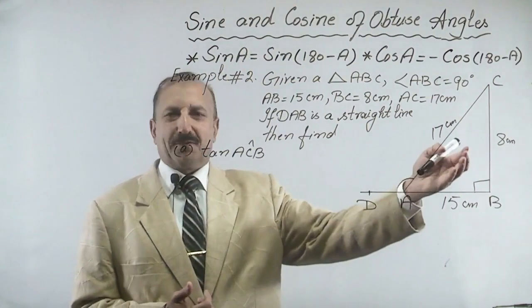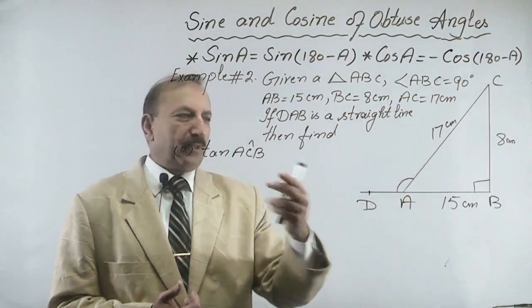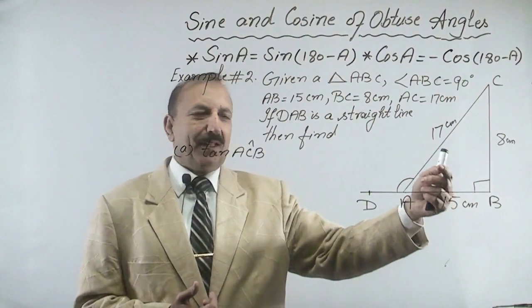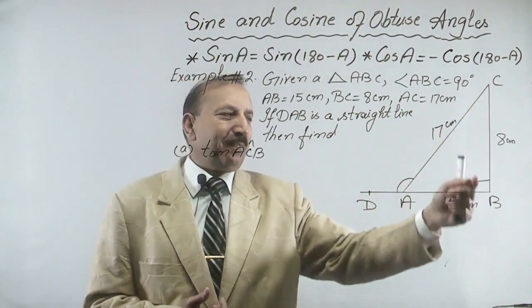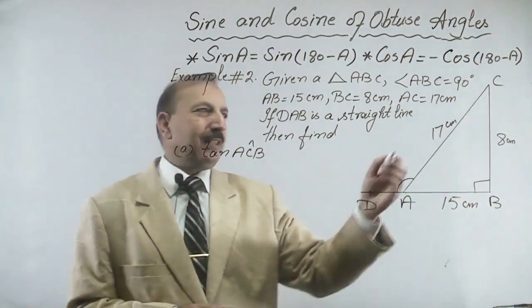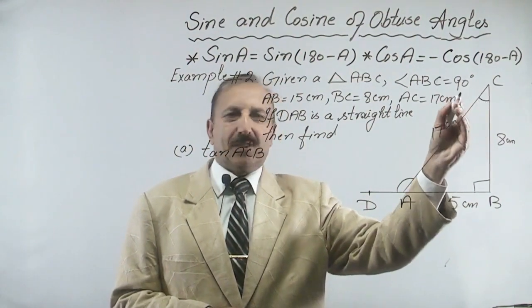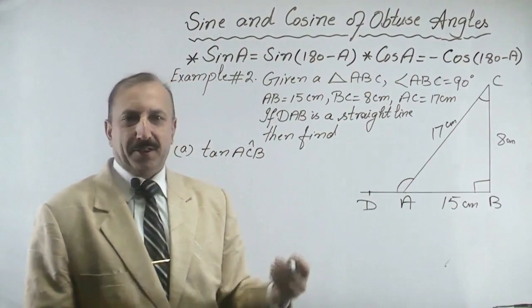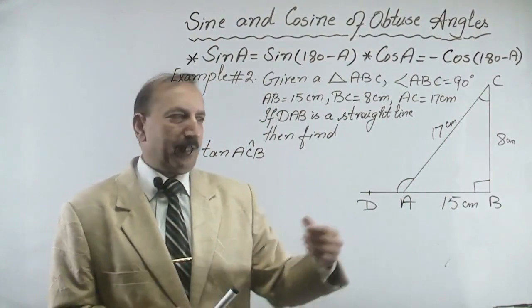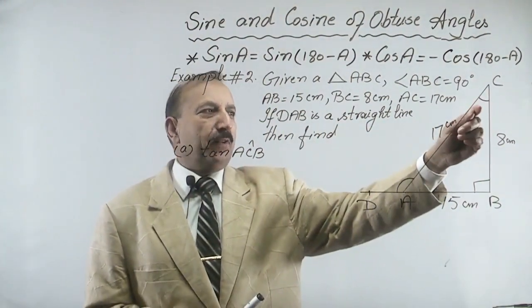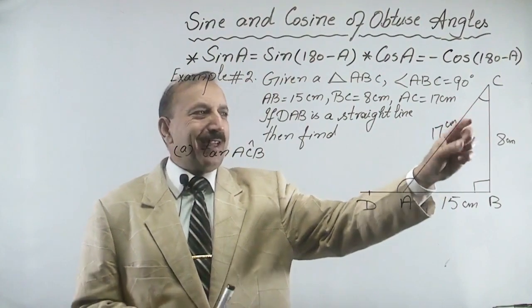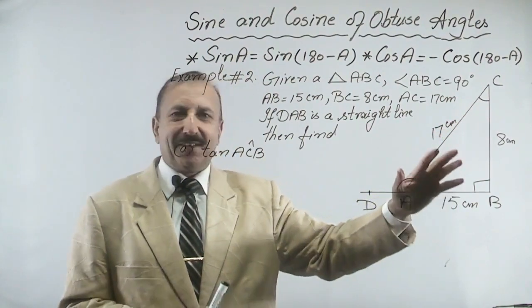If we look at this right angle triangle, the angle ACB is angle at C. We are supposed to find the tangent of this angle. And we have already learned how to write the ratio of trigonometric functions when the angle is given. Let's define the sides of this right angle triangle.